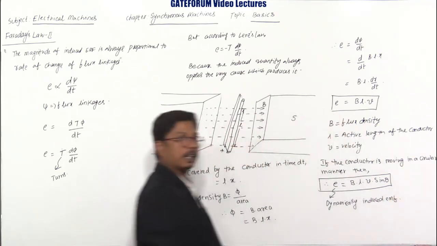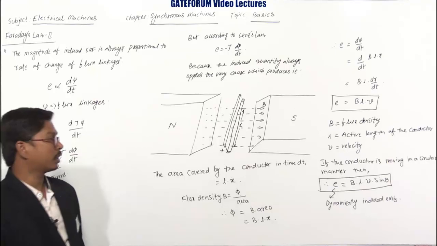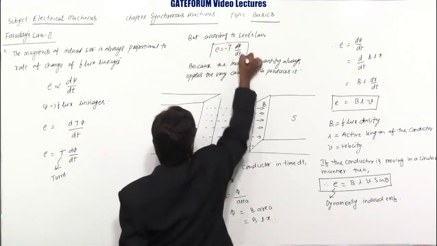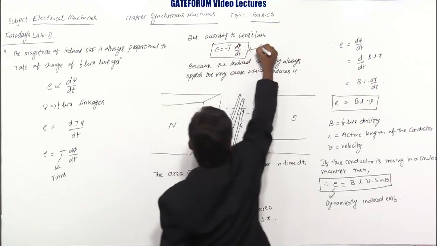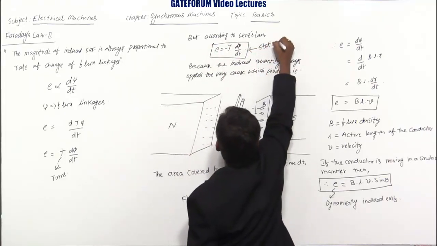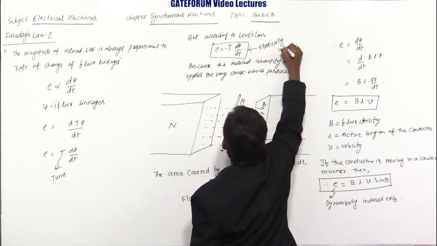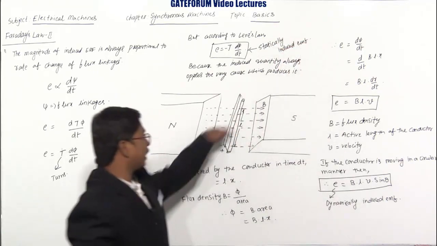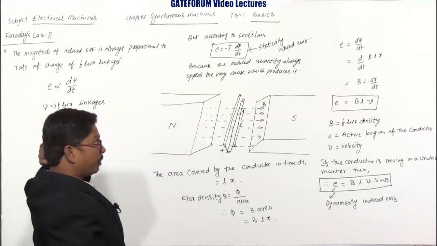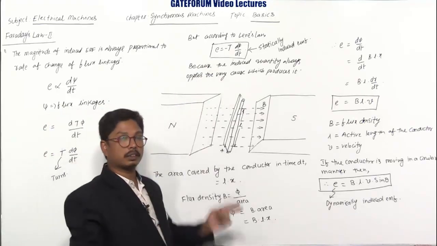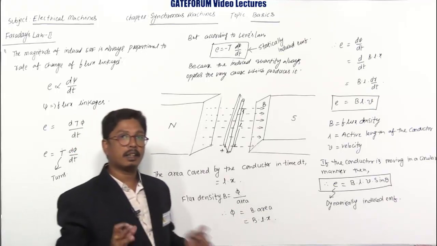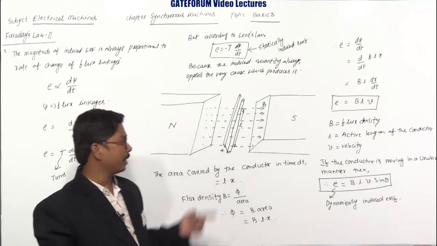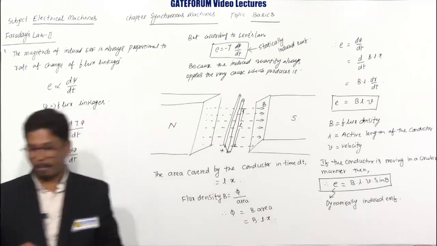This induced EMF is called the dynamically induced EMF. That means EMF induced in a single conductor is nothing but the dynamically induced EMF, whereas EMF induced in the total number of turns, that is in a coil, is nothing but the statically induced EMF. So please note down, we'll continue.